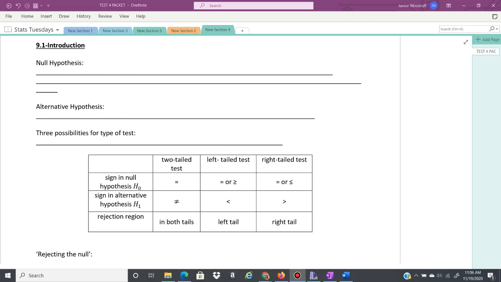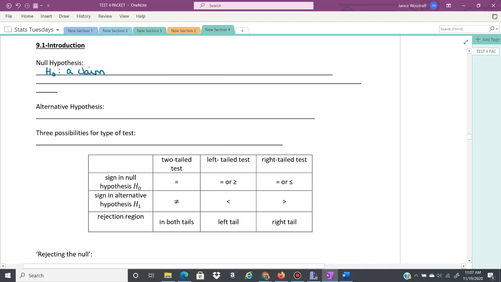All right, 9.1. So chapter 9, we are talking about hypothesis tests. So let's start with what a null hypothesis is. A null hypothesis is going to be notated by H sub 0. Okay, so it's H0 or HO. That is a claim about the population that is presumed true until proven otherwise.